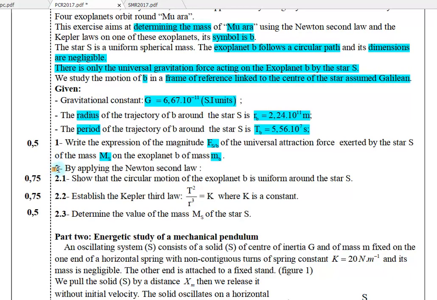Now, question number 2. By applying Newton's second law, 2.1, show that the circular motion of the exoplanet B is uniform around the star. So, by applying the Newton's second law, we are going to use Newton's second law in all these three questions, 2.1, 2.2 and 2.3.